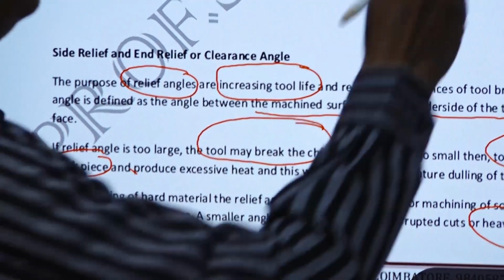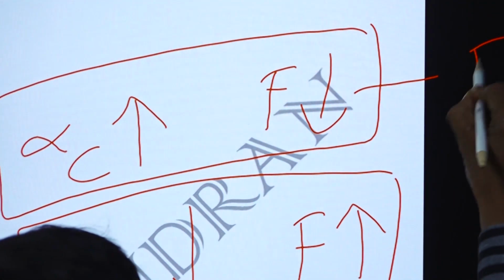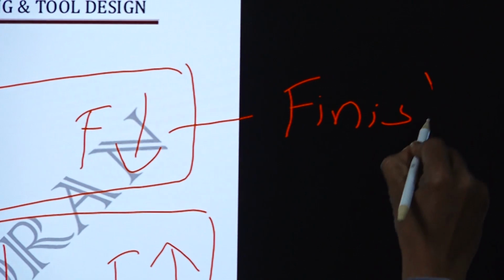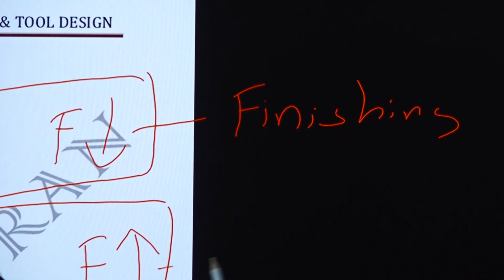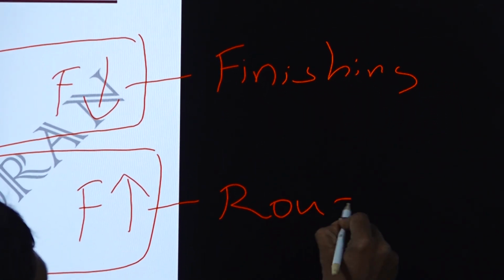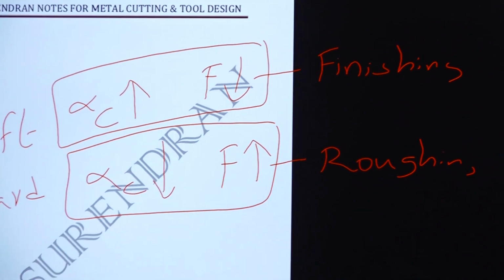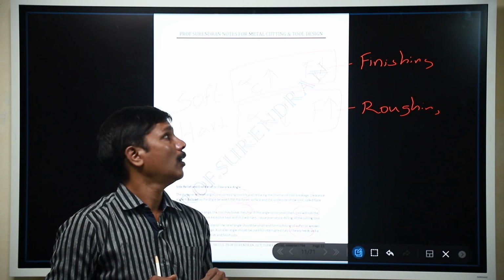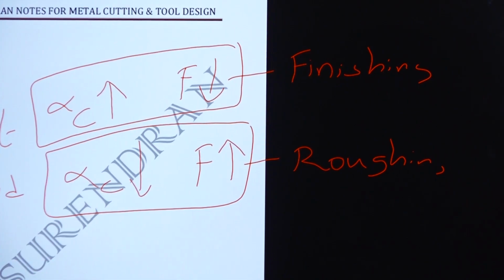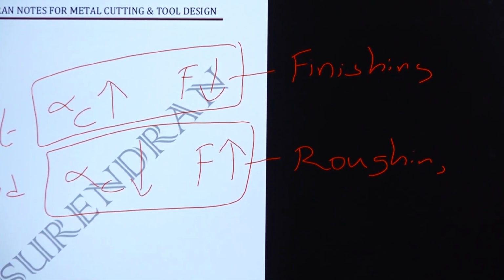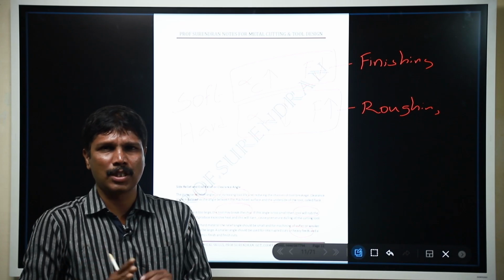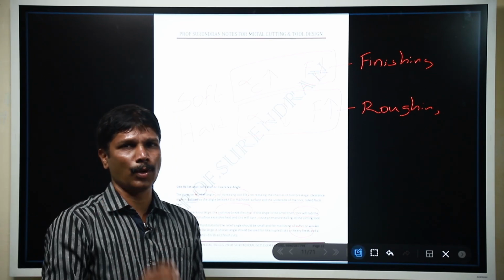Feed less means finishing, and feed more means roughing. For roughing, the clearance angle will be less. For finishing, the clearance angle will be more. So these are the important points while machining the component.